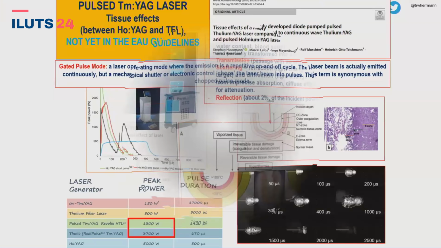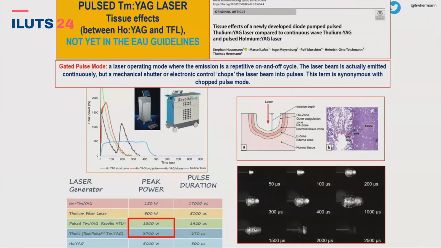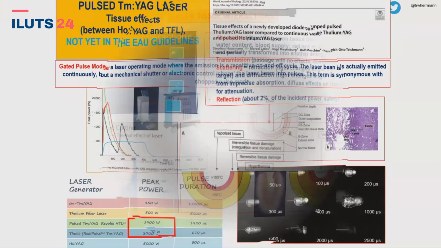The reason is that this laser is not really a pulsed laser, but is a modification of the single pulse with these control chops on the laser.